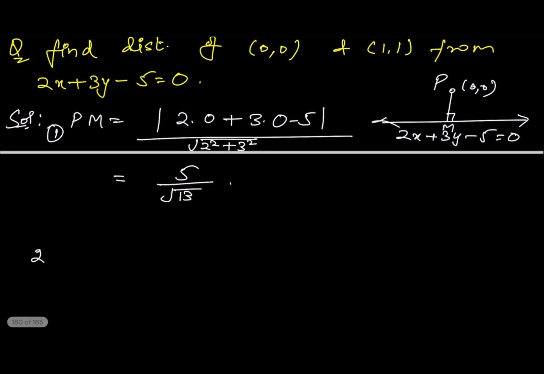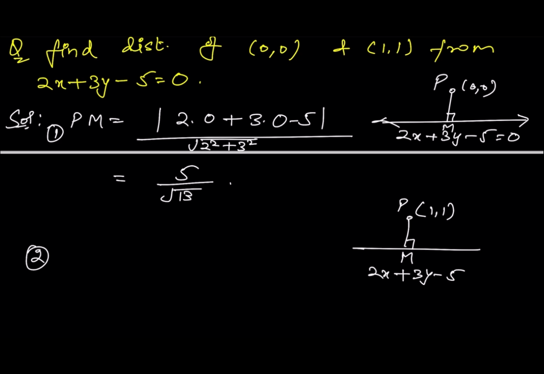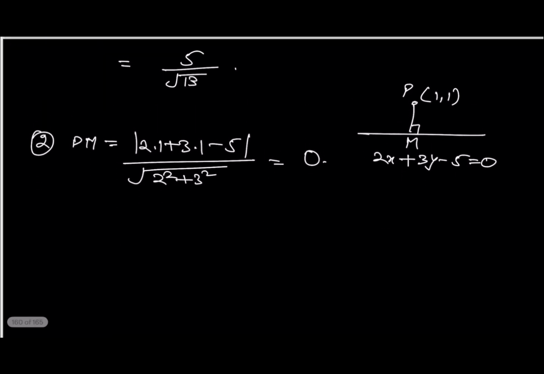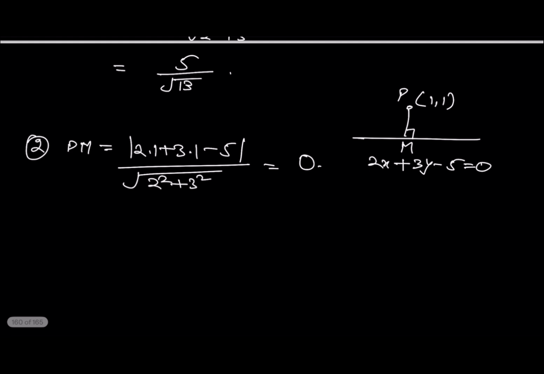Now second, if the point is 1, 1, then what is the distance? Distance is mod of 2 into 1 plus 3 into 1 minus 5 upon root over 2 square plus 3 square, means 0. Oh, that is 0. What does it mean?